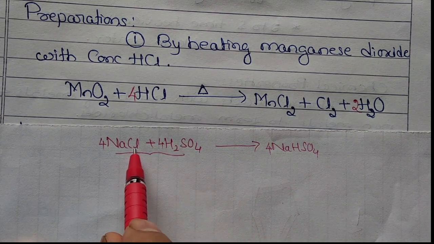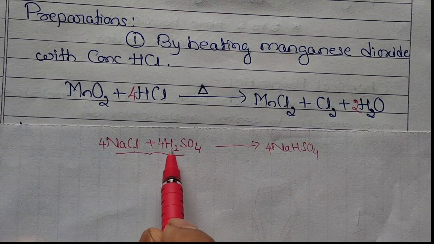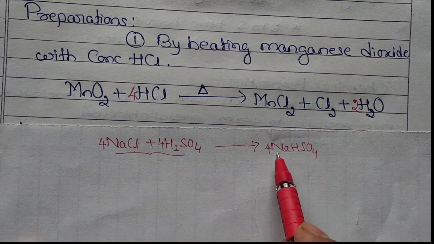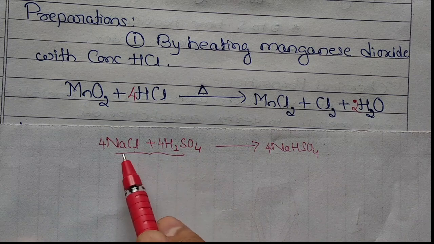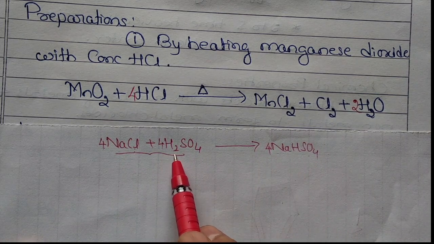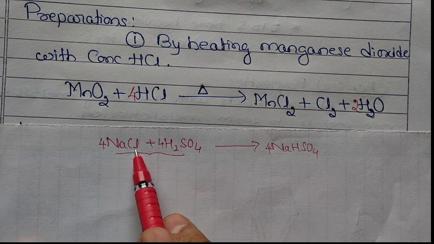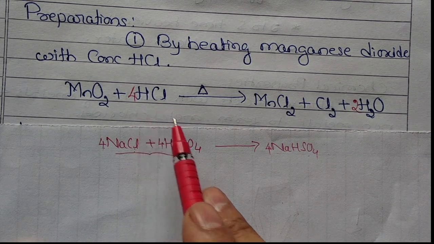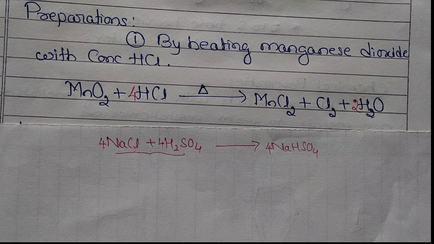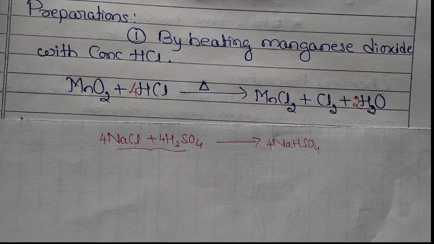Then you get chlorine, 4 chlorine and 4 hydrogen, that is 4 HCl. 4 Na, 4 sulfate, hydrogen here 4, here it is 8. Of those 8, 4 go with this chlorine, that is 4 HCl. The rest remains the same. So we can replace the HCl with a mixture of sodium chloride and sulfuric acid. So this is one of the methods of preparation for chlorine.